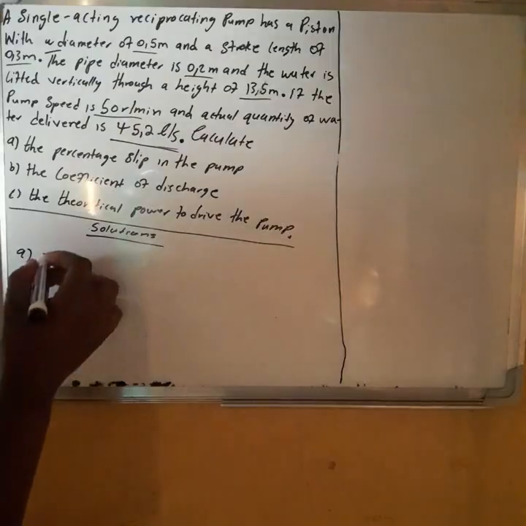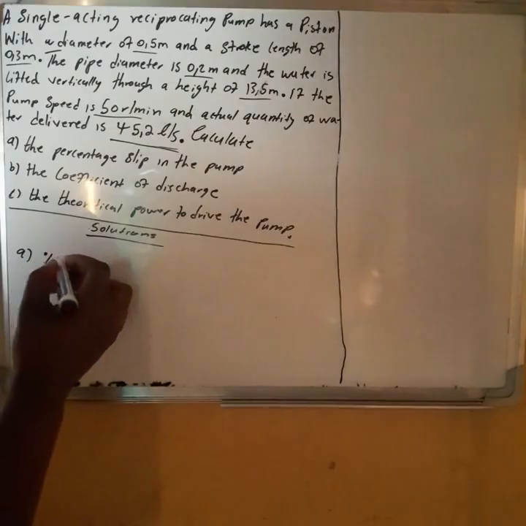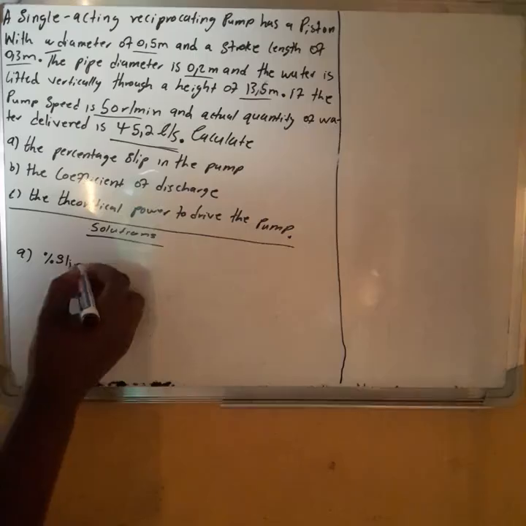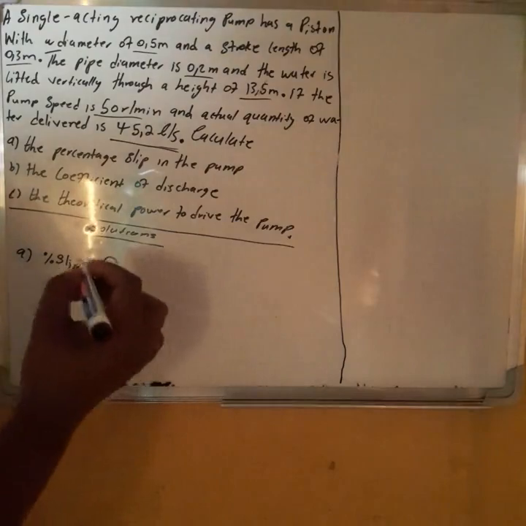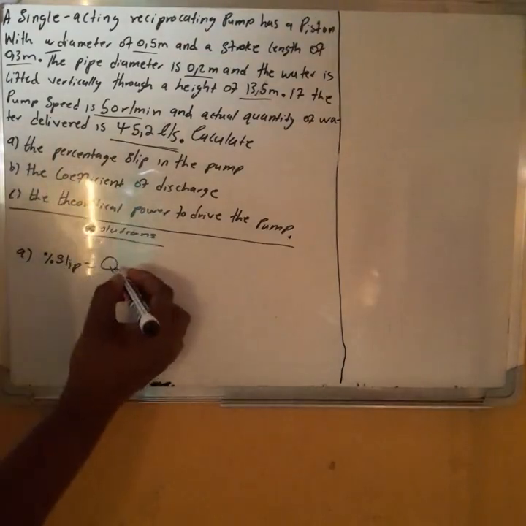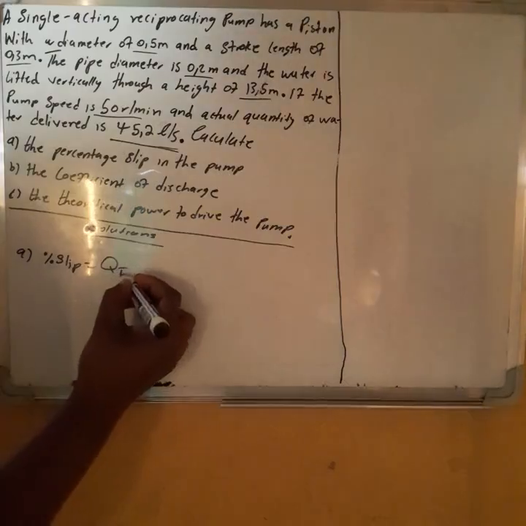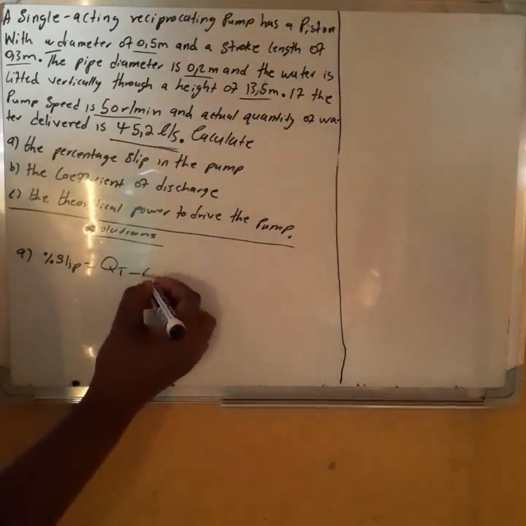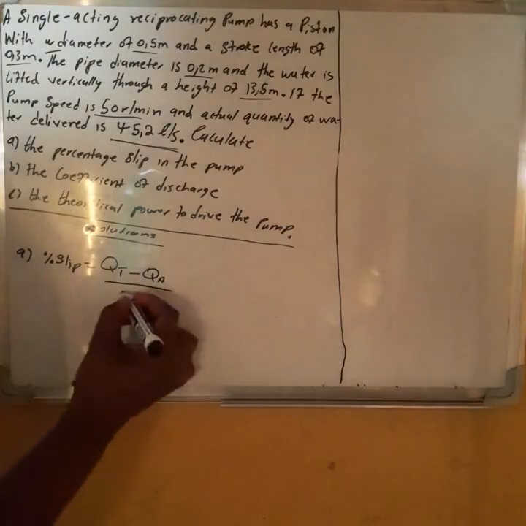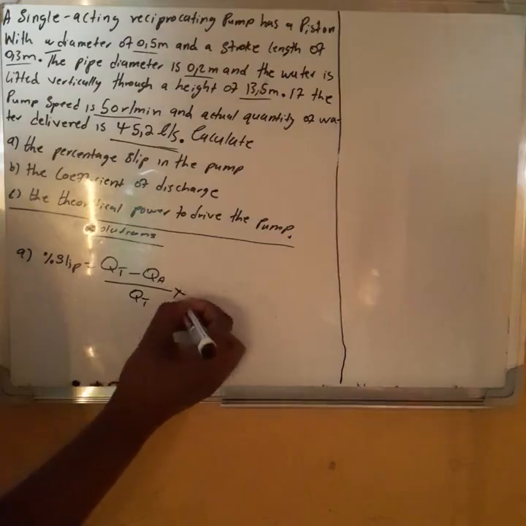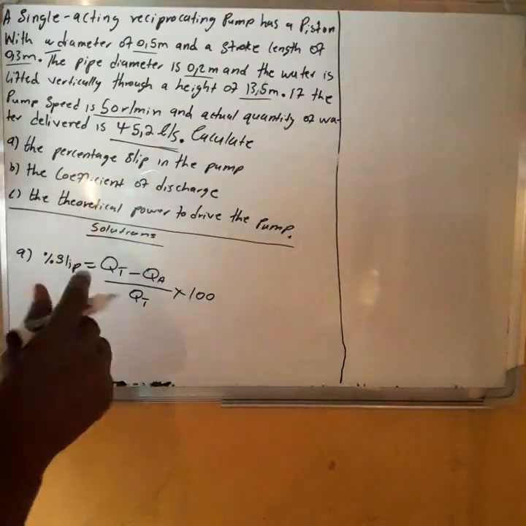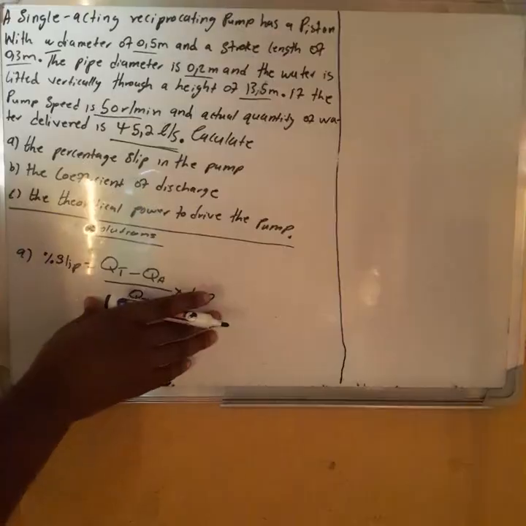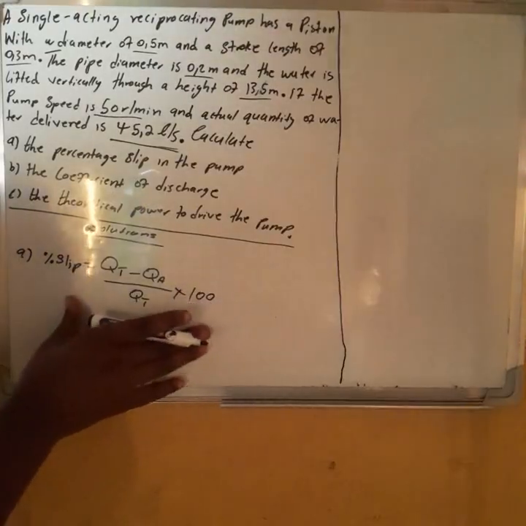We know that the percentage slip is equal to the theoretical discharge minus the actual discharge, divided by the theoretical discharge, multiplied by 100, so that we have this in percent. This is the formula we're supposed to apply.